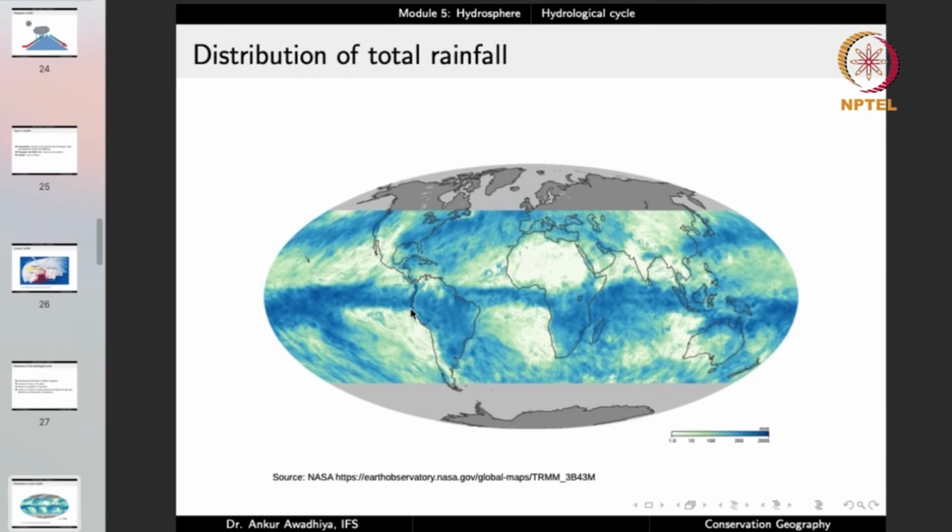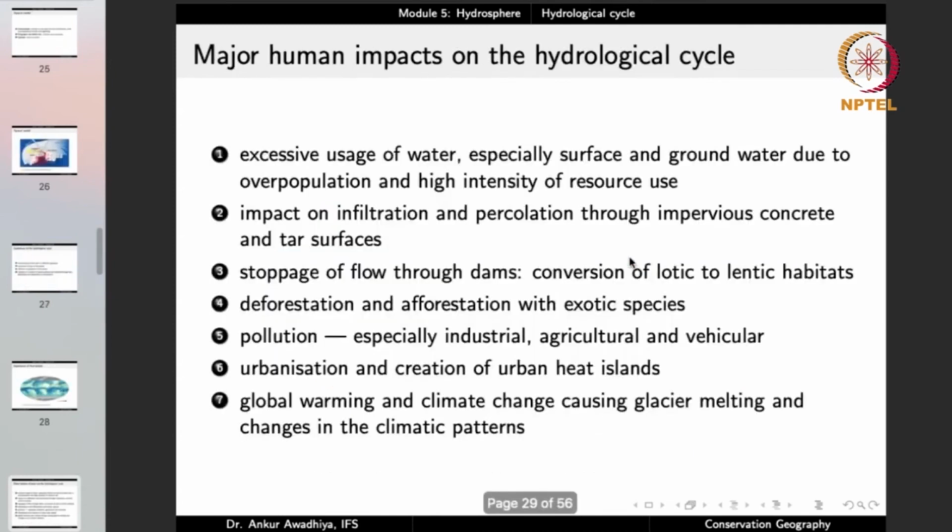So in South America, in Africa, in Southeast Asia, we have a very heavy amount of rainfall. And in those areas where we get less rainfall, we have the deserts. So this is the Sahara Desert. This is the Arabian Desert. This is the Thar Desert. So the distribution of rainfall creates different habitats.